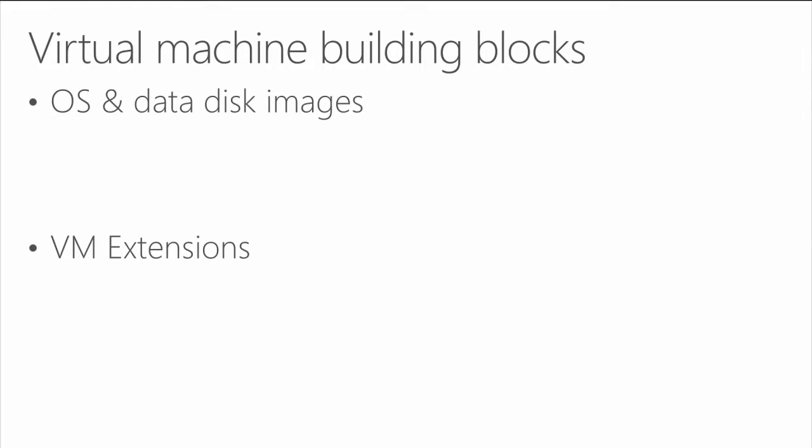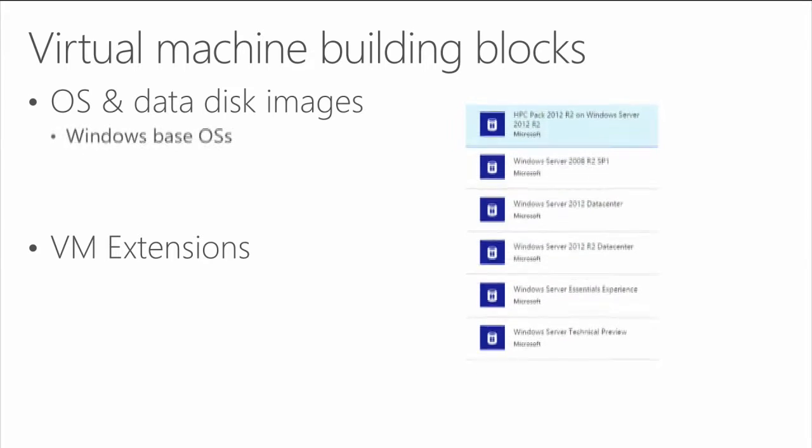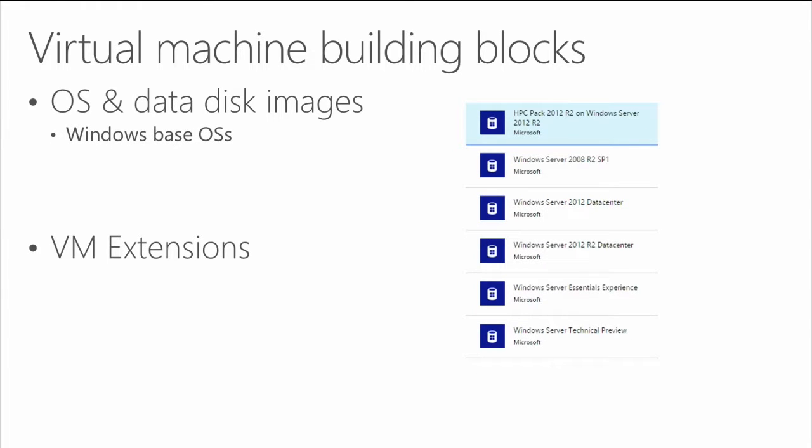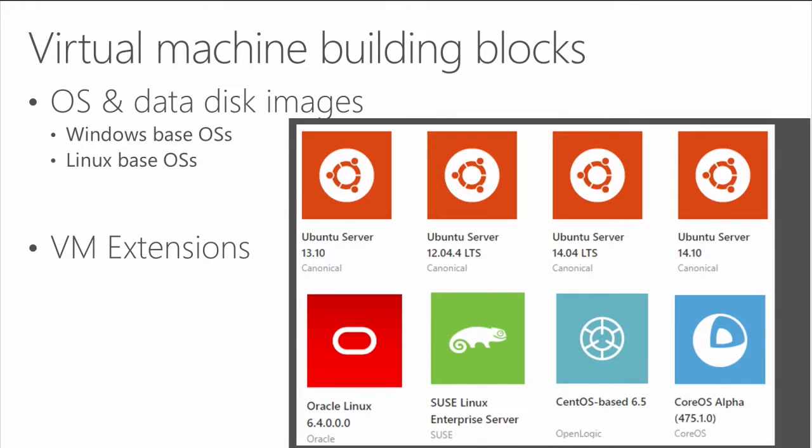What we have, the building blocks within the virtual machine, is the operating system disks and the extensions. On the operating system disk, we have a large variety of Windows-based operating systems, as well as Linux operating systems from Ubuntu, Oracle Linux, SUSE, CentOS, and just a wide range of Linux operating systems available for you to run out of the gallery or to bring your own.